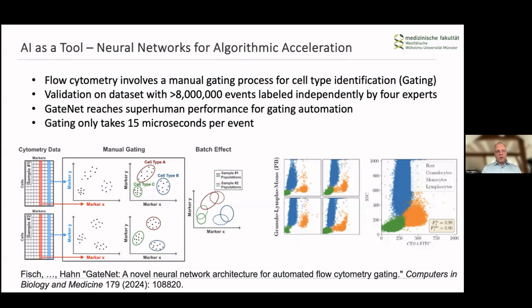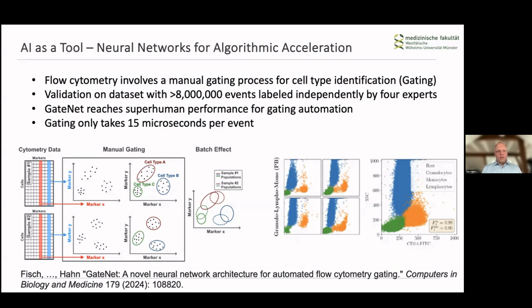We reached a performance that's superhuman because we trained on the consensus of these 4 experts, which is better than each expert alone. That has allowed us to automate gating in these samples with a performance that's better than each single human.